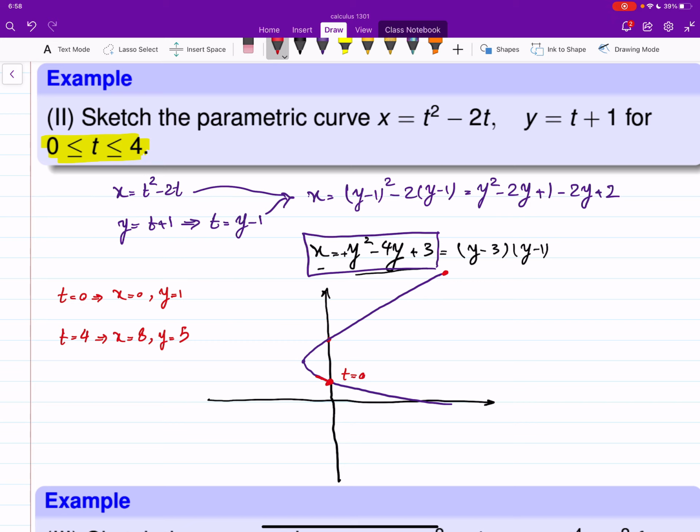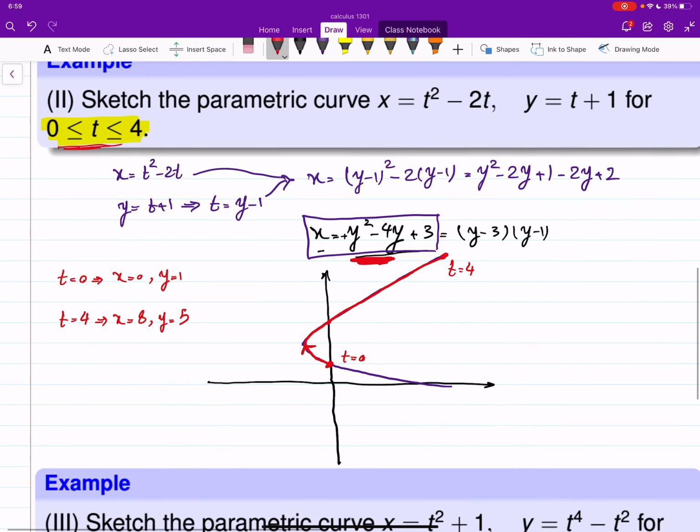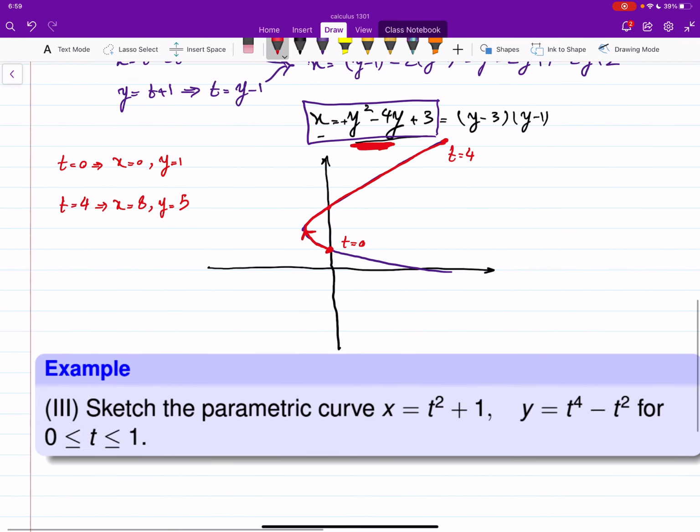But that is enough to see that our parametric equation is just this one piece of the parabola, starting from t equal to 0 to t equal to 4. And the direction, it goes in that direction. So we eliminated t, we figured out the general graph, and out of that, we looked at the domain of t, and we fixed the part of that graph which is ours.